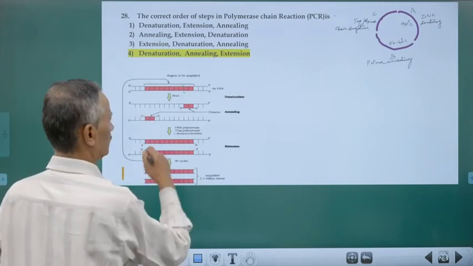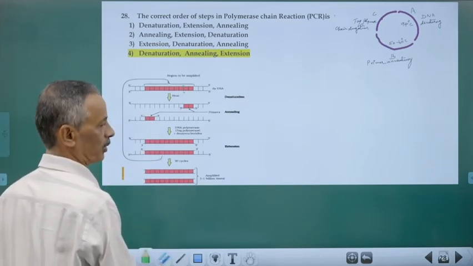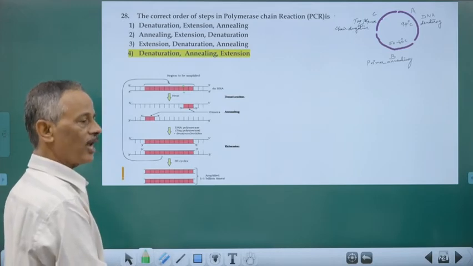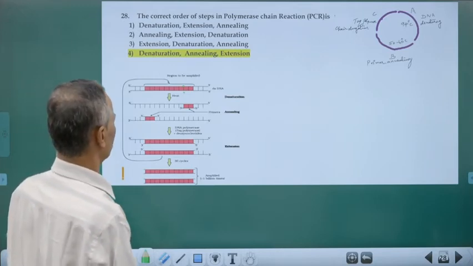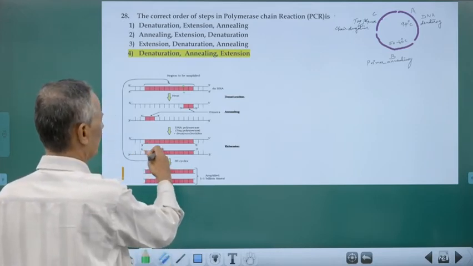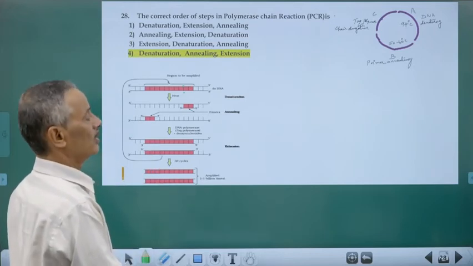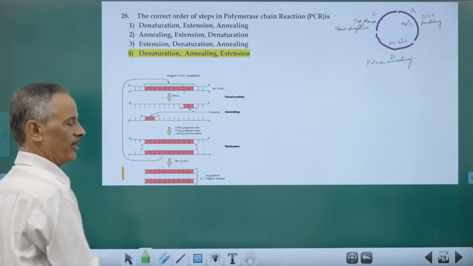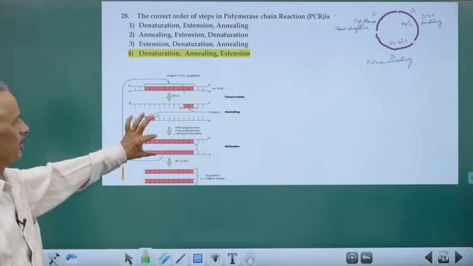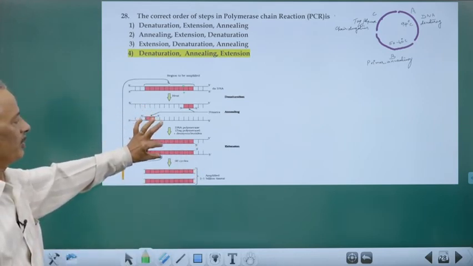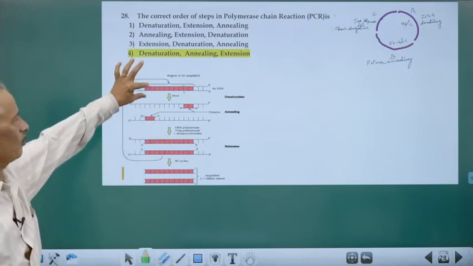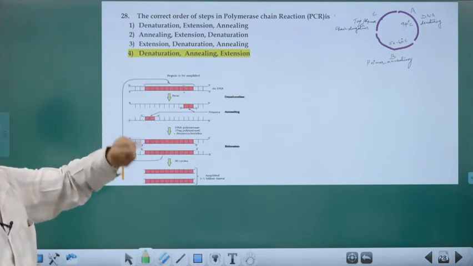Now, the temperature is increased to the optimal temperature needed for the working of Taq polymerase enzyme, 72 degrees, so that one by one the nucleotides are attached and the chain is elongated. Each of these single chains becomes a double chain. Thus, from one molecule, now you have 2 molecules.